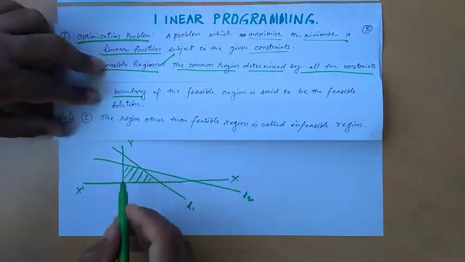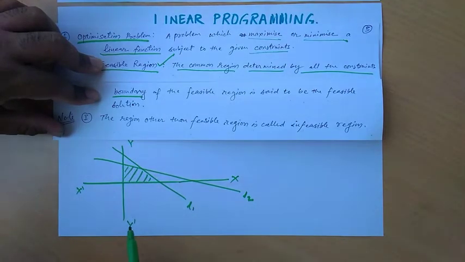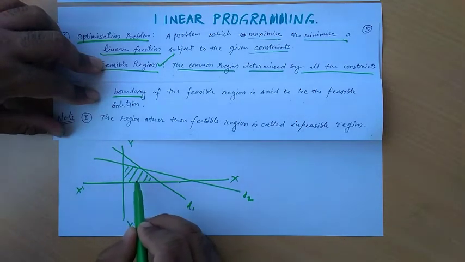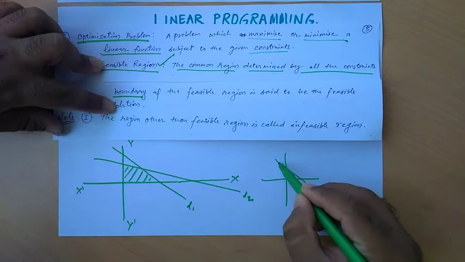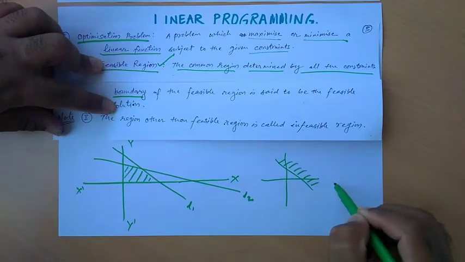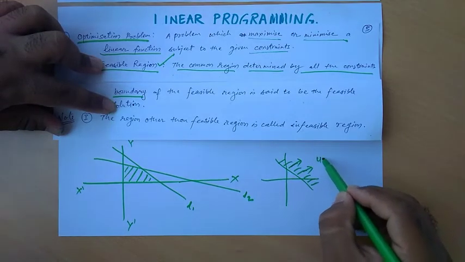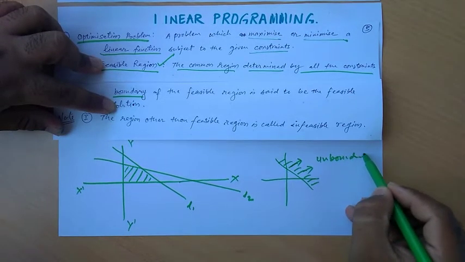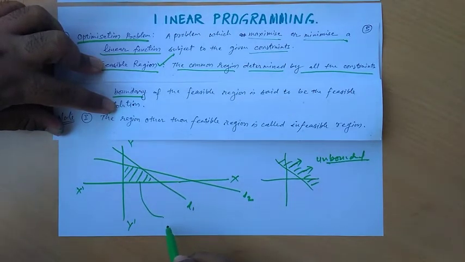You will get the feasible solution in this particular area only, and it is enclosed, that's why it is a bounded region. If, for example, this is the region where I'm getting my solution, then I'll say this is an unbounded region. This is a bounded region.